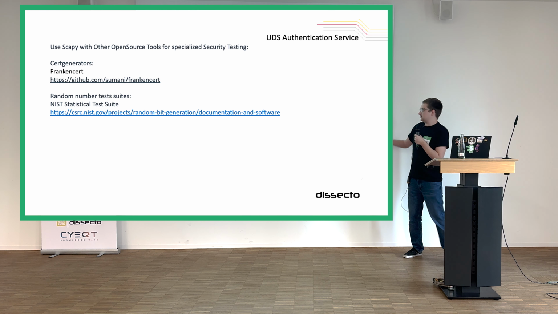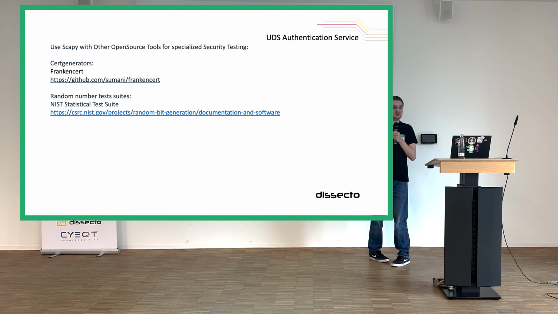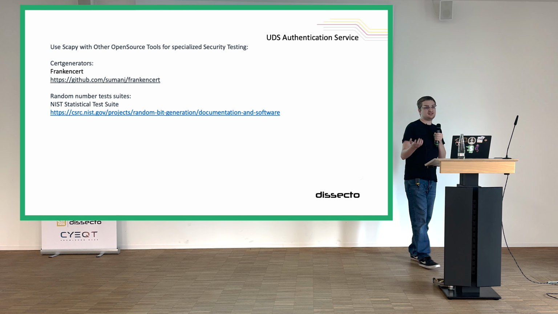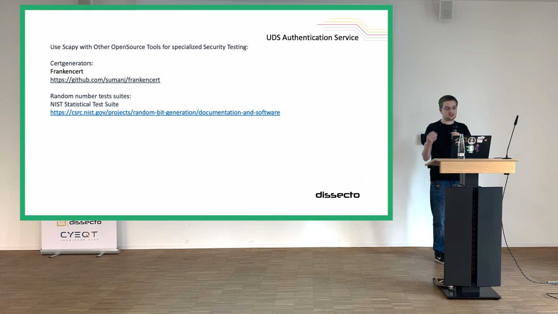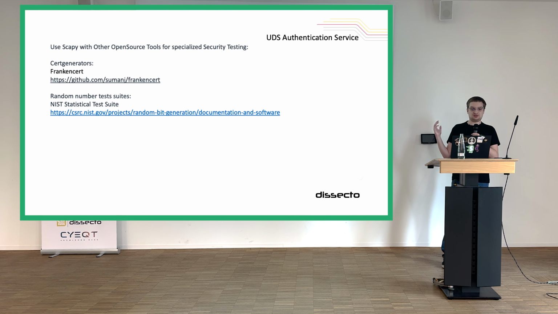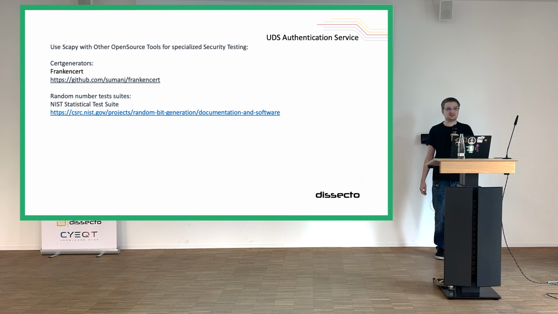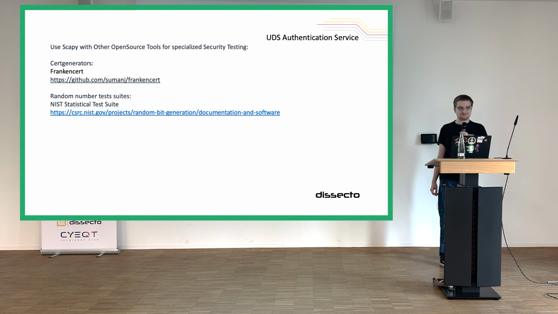So this is the bottom part here. The upper part is we can send a lot of certificates with Scapy. The main part is generating that. For that, we can use another open source tool, in the example Frankenzert. We make tens of thousands of certificates, and then we send them to the ECU and see if anything breaks.